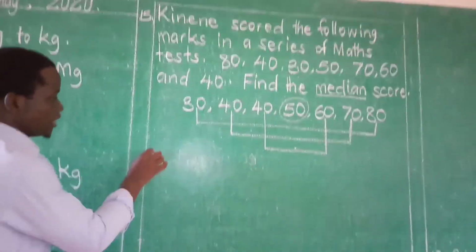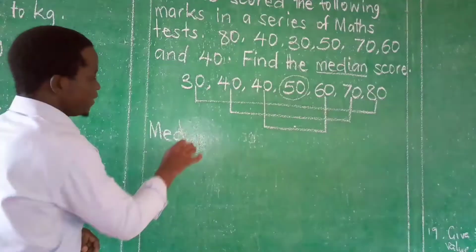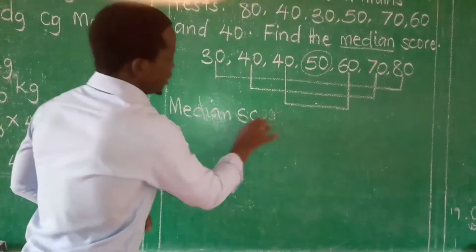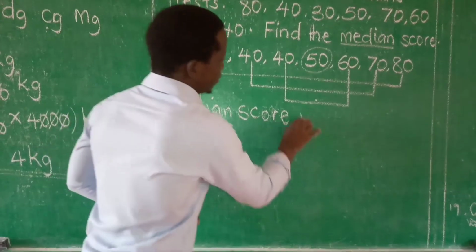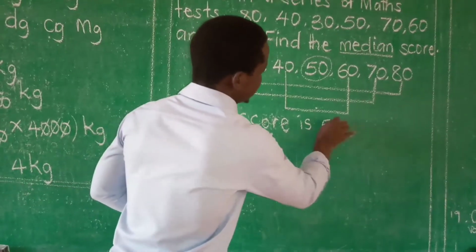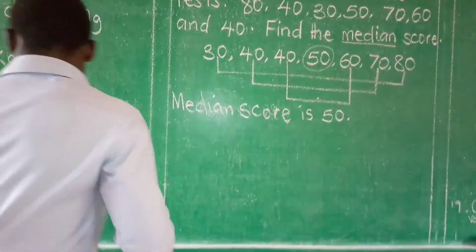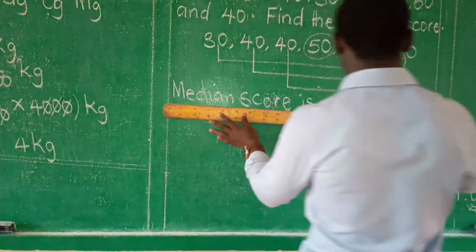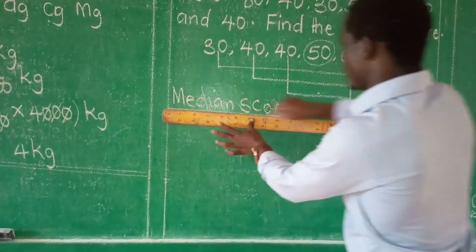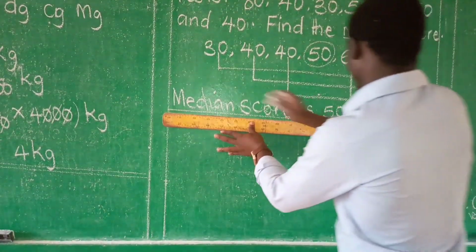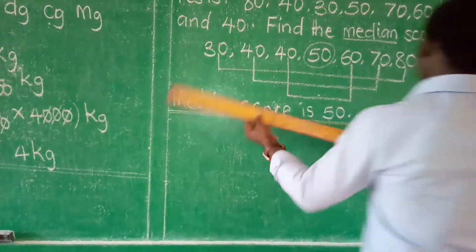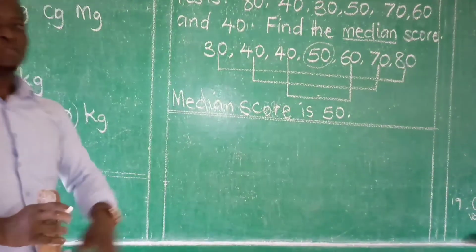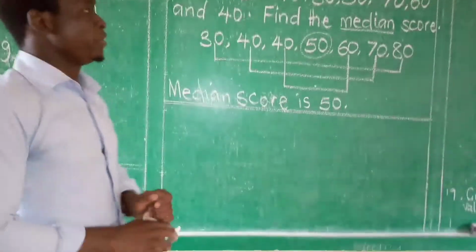So straight away, the median score is 50. You underline. But how about if we had 2 values in the middle?